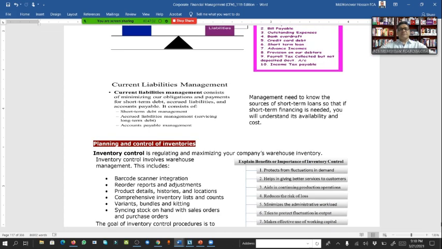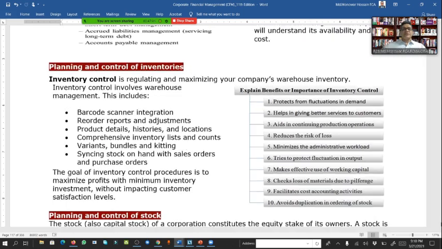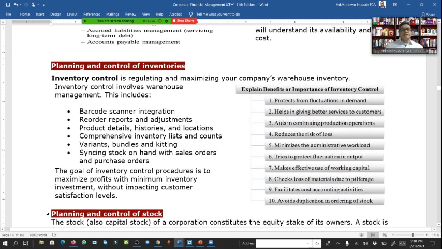Here, planning and control of inventories: inventory control is regulating or maximizing the company's warehouse inventory. Inventory control involves warehouse management. It includes barcode scanner, record keeping, product details, etc.